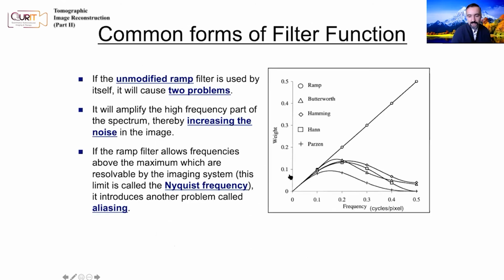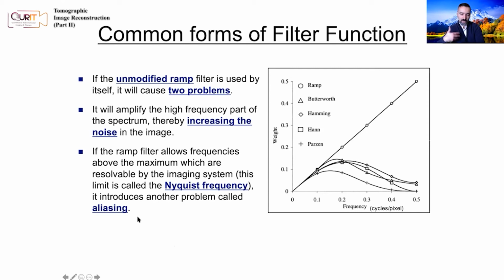And we had this slide in a prior talk, but basically the idea is that if you use an unmodified ramp filter, going like this, first you're amplifying the higher frequencies. And secondly, if the ramp filter allows frequencies above the maximum which are resolvable by the imaging system, this can introduce aliasing.